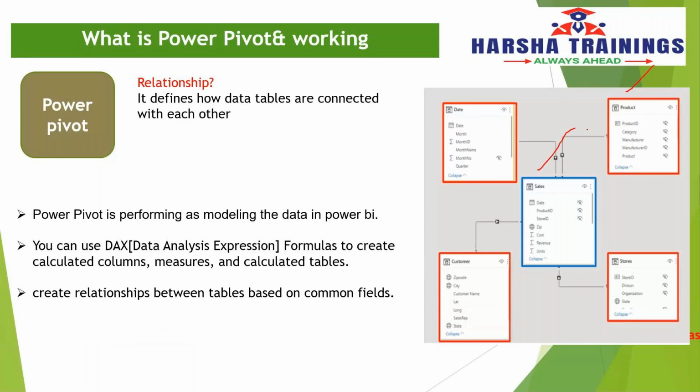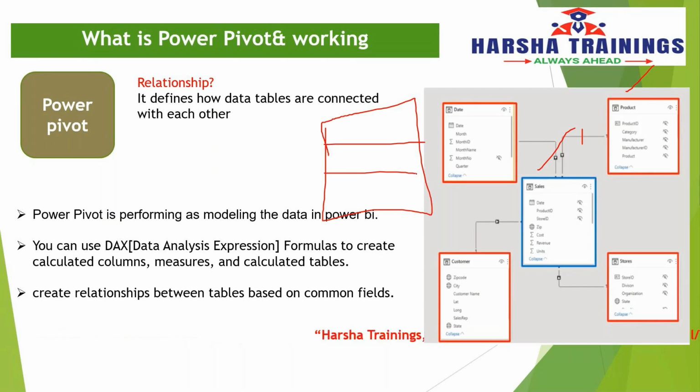If I did not create this connection or relationship between these two tables, I can get it, but the result will not be good. We'll get the same result. Whatever the value you are getting, there is a table with rows.